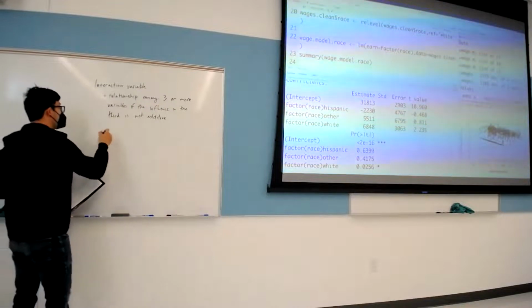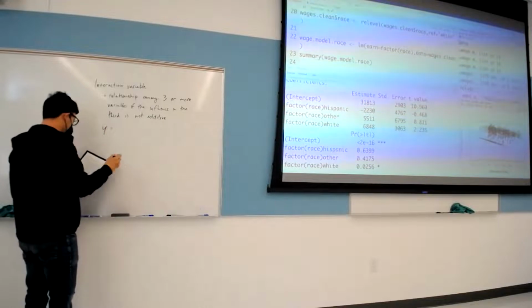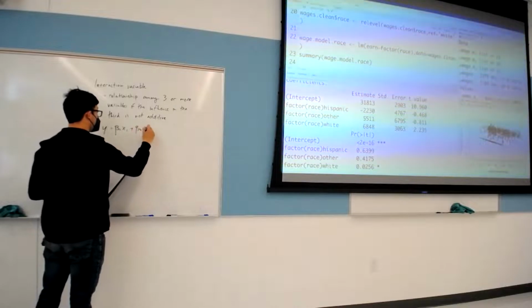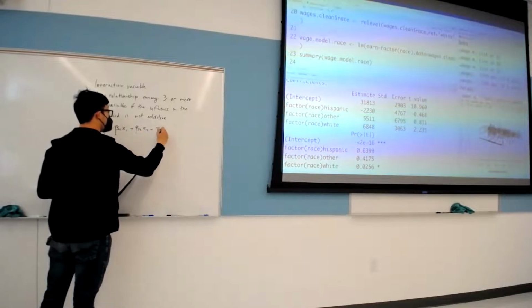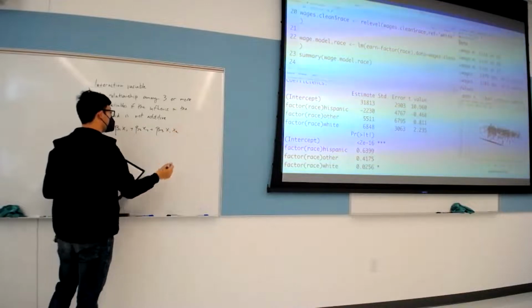Okay, what the heck does that mean? Consider something like this. Beta 1 x1 plus beta 2 x2 plus beta 3 x1 times x2.